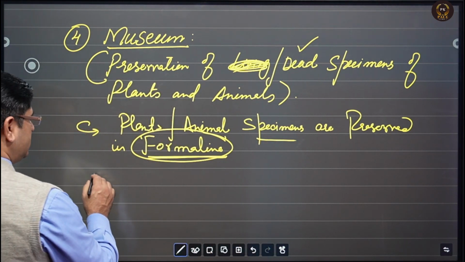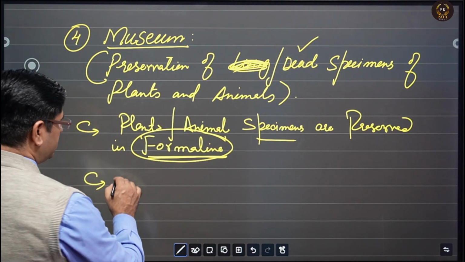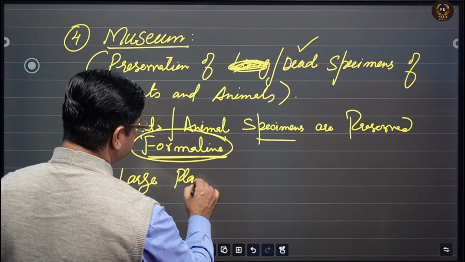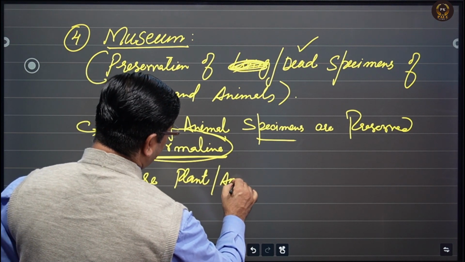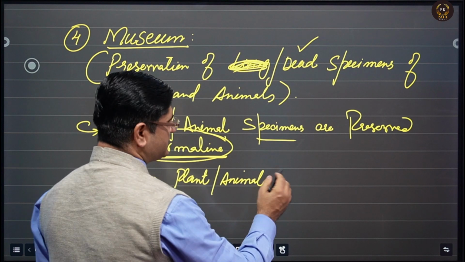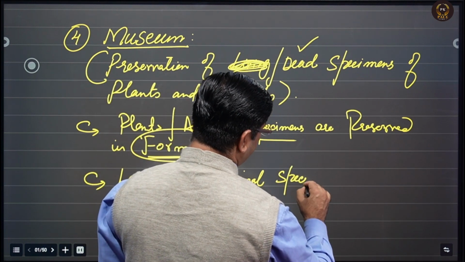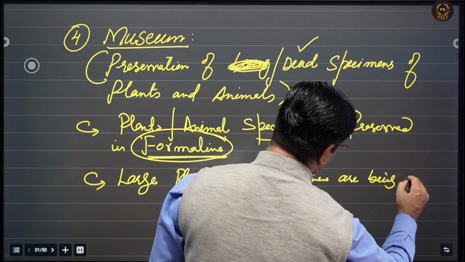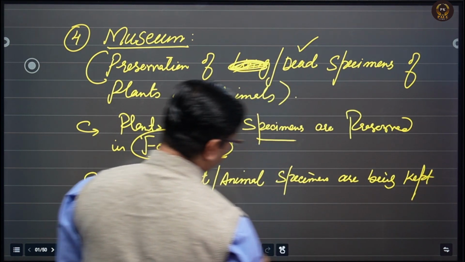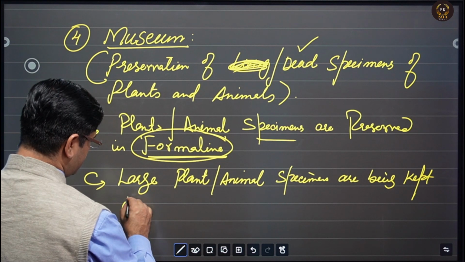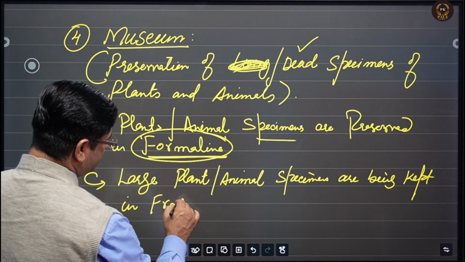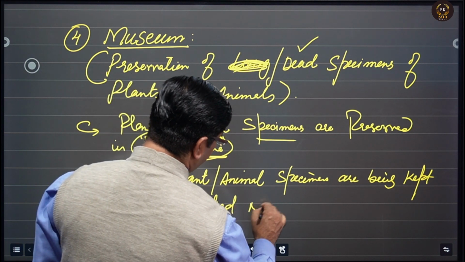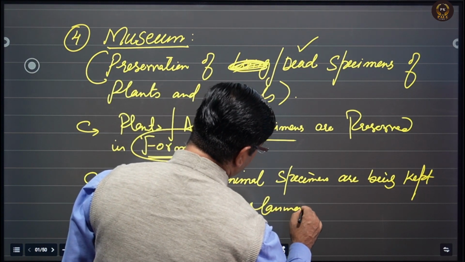Also in the museums, large plant and animal specimens are being kept in a fragmented manner.